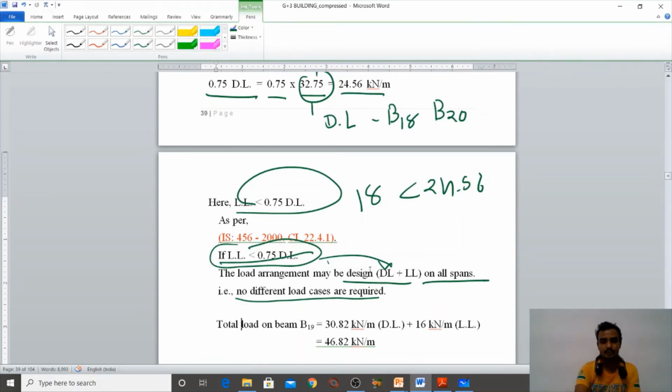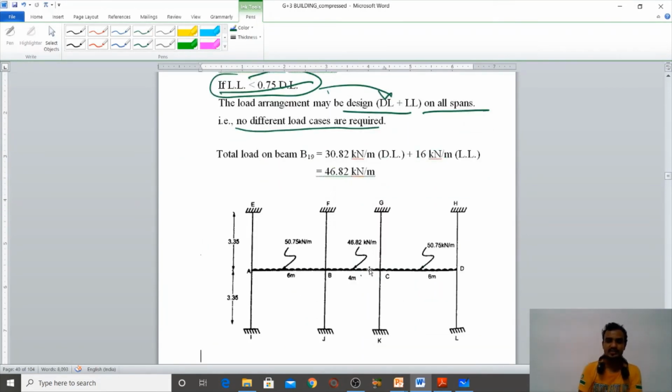So on all spans we have to follow dead load plus live load.